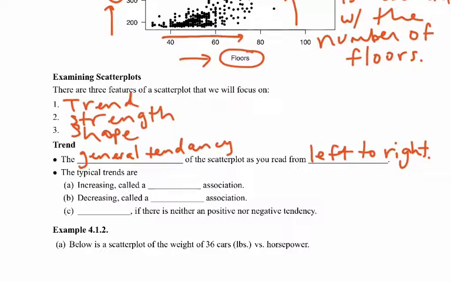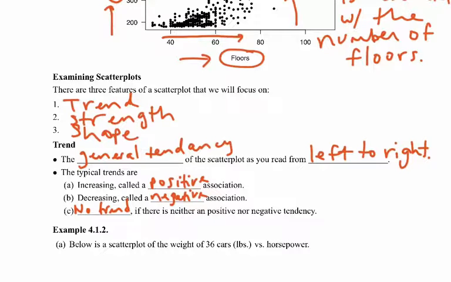If the graph is increasing, we also say that it has a positive association. If the trend is decreasing, then we would say that the scatter plot has a negative association. And it could be that there is no trend. The points are all over the place, there's no clear trend, and we would say that it's not positive or negative.